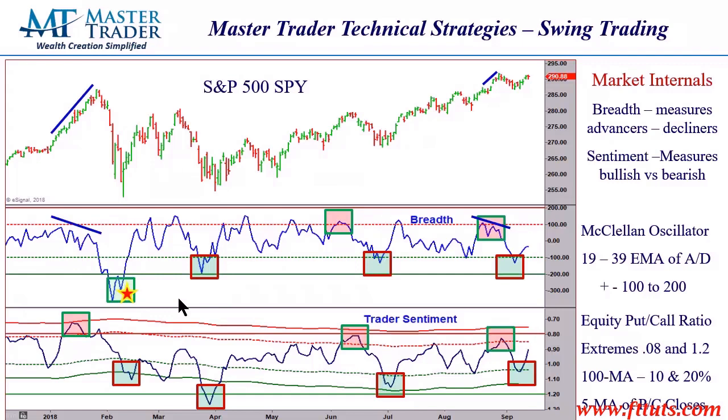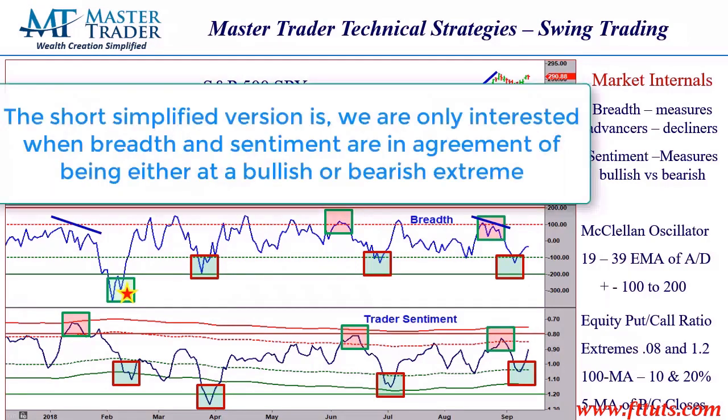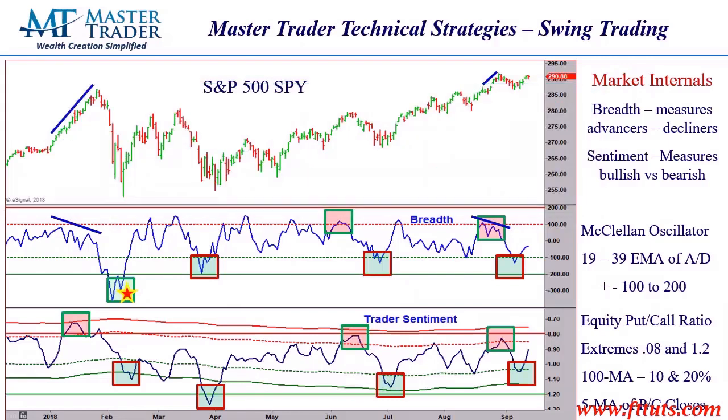But our focus is going to be when sentiment and breadth are in agreement. So that put-call ratio, the static extremes of too many call buyers versus put buyers, call buyers being bullish bets, put buyers being bearish bets: 0.80 is the extreme where there's too many calls versus puts, and 1.2, too many puts versus calls.